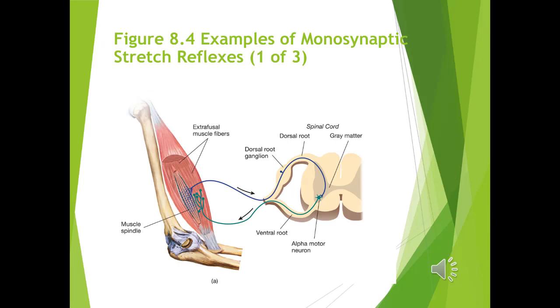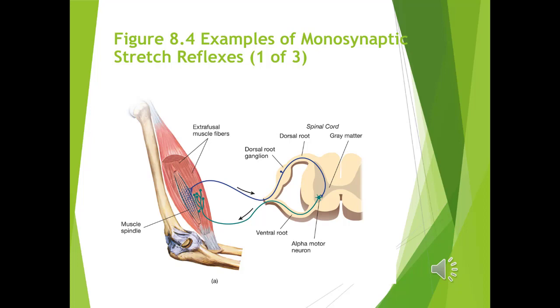In this close-up of the monosynaptic stretch reflex, you can see that only one synapse is encountered along the route from the receptor, where the stimulus is received, to the effector, where the movement is created. Afferent impulses starting at the muscle spindle pass through the dorsal root ganglion and are conducted to terminal buttons in the gray matter of the spinal cord.